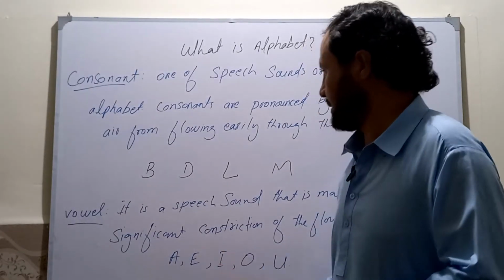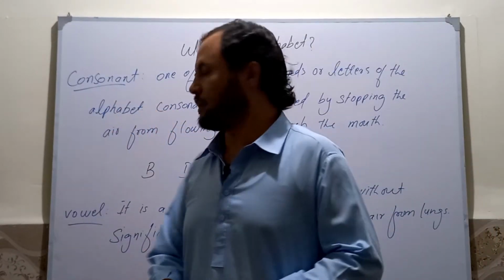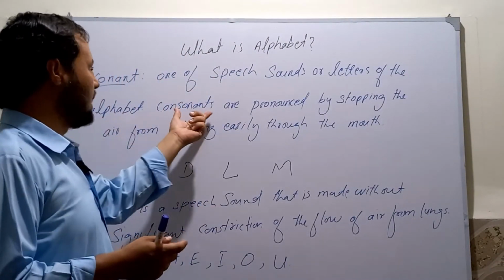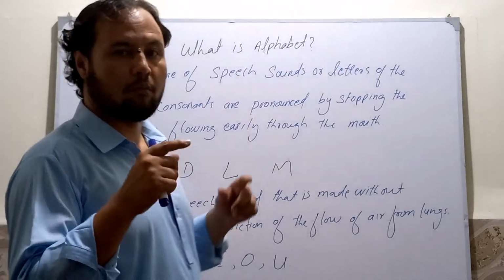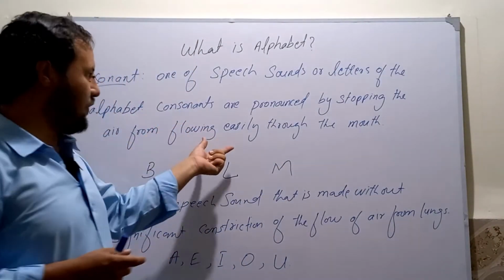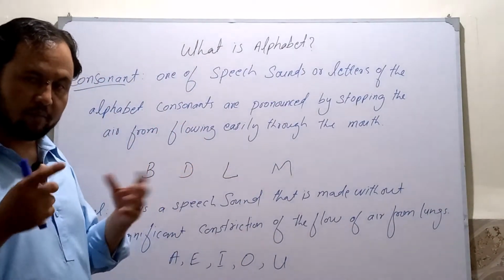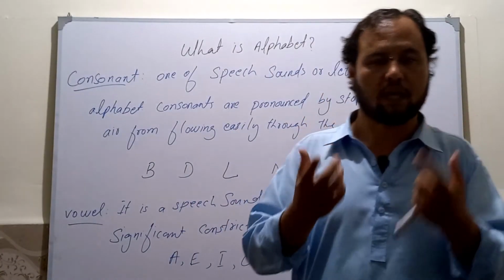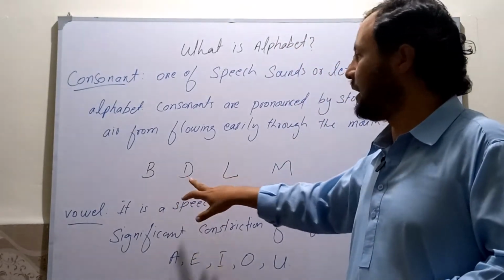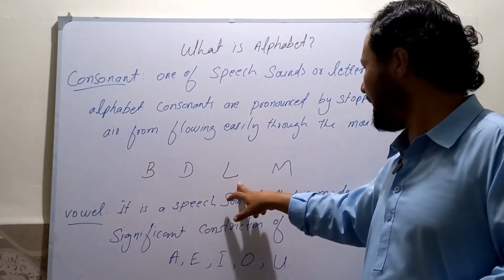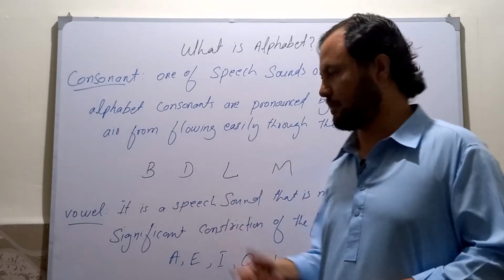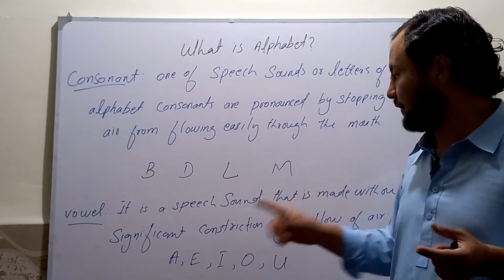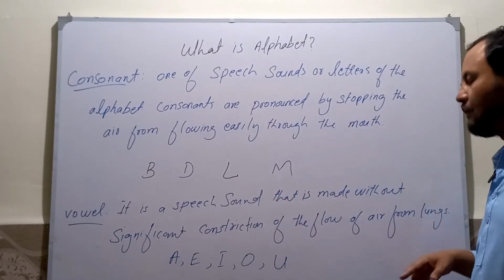They are called vowels. So once again, let's repeat. Consonants are speech sounds or letters from the alphabet, pronounced by stopping the air from flowing easily through the mouth. That means when we pronounce a consonant, we stop the air, whether with our tongue or with our lips, like B, D, L, M. And a vowel is a speech sound that is made without significant constriction of the flow of air from the lungs.